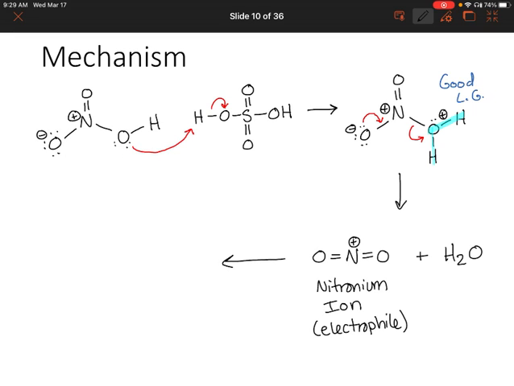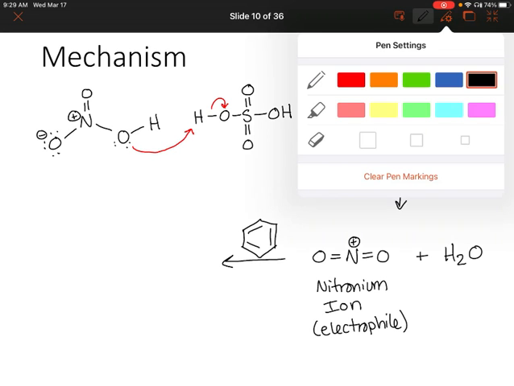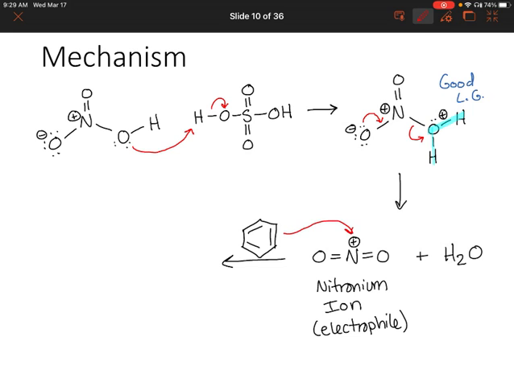Okay, so then we add in our benzene as usual. And benzene is going to attack the positively charged nitrogen, which will move pi electrons over to one oxygen. And then we get our intermediate here.